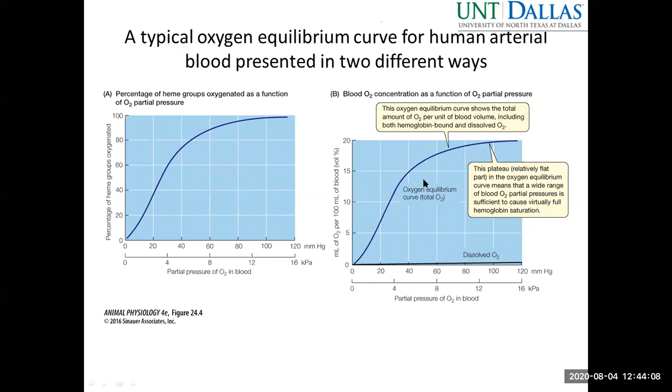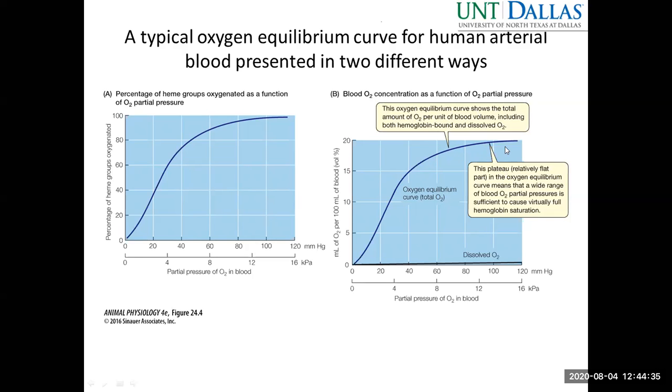The oxygen equilibrium curve can be presented in two ways, showing the percentage of oxygenated binding sites as a function of oxygen partial pressure. The alternative presentation is seen in this figure here. This oxygen equilibrium curve shows the total amount of oxygen per unit of blood volume, including both the hemoglobin-bound and dissolved oxygen.